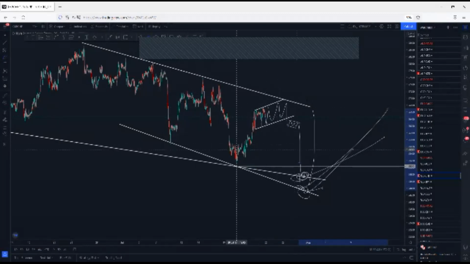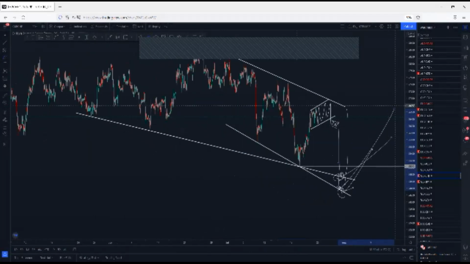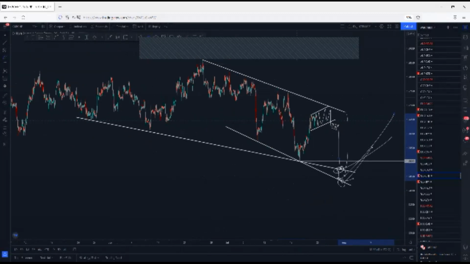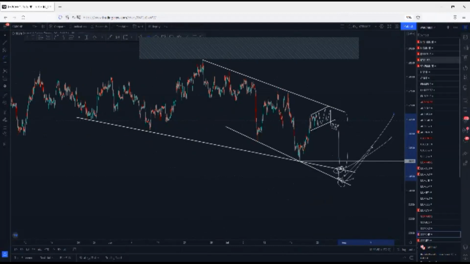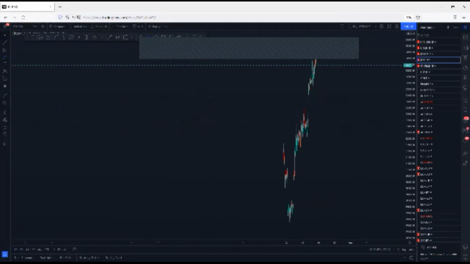Oh, okay. When I say hover, it's like a continuation pattern. Let me show you. Okay, I saw it here. I sent this setup on the group, the WhatsApp group.